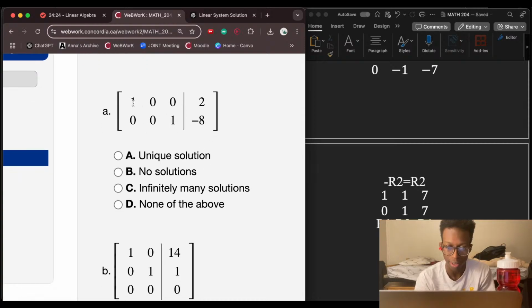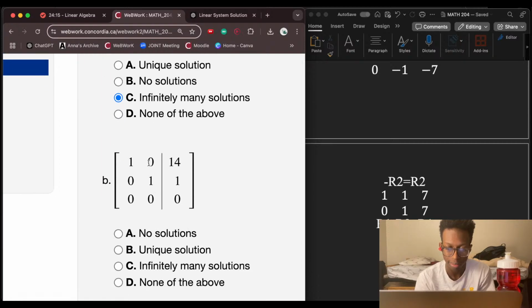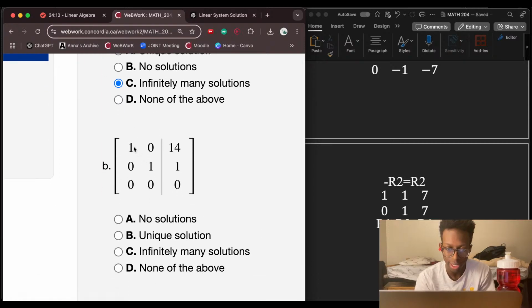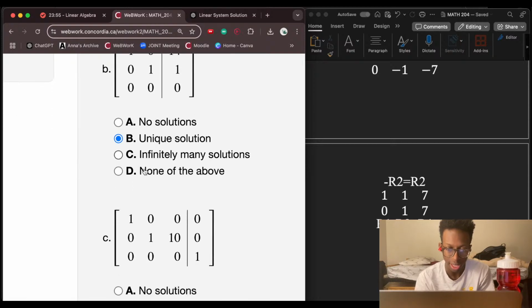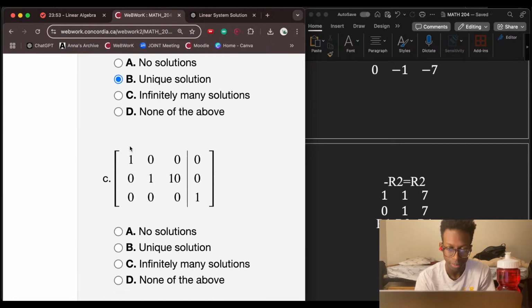And because we have leading ones in some columns but not in another, we're going to say infinitely many. Then for this one, we have the things here, but because there's nothing here, we don't care about this. We only care about this and disregard these zero rows here. Because of the way it is formatted, we can definitively say that it has a unique solution.